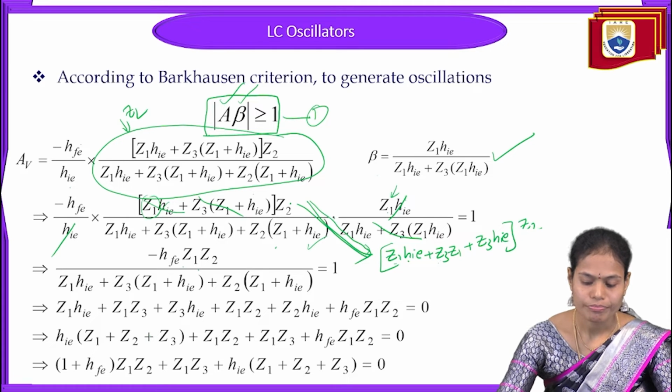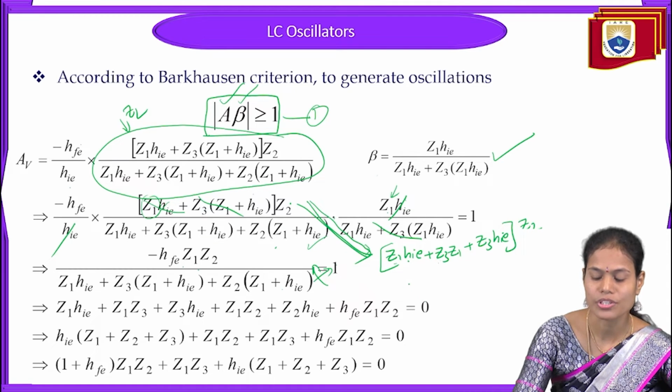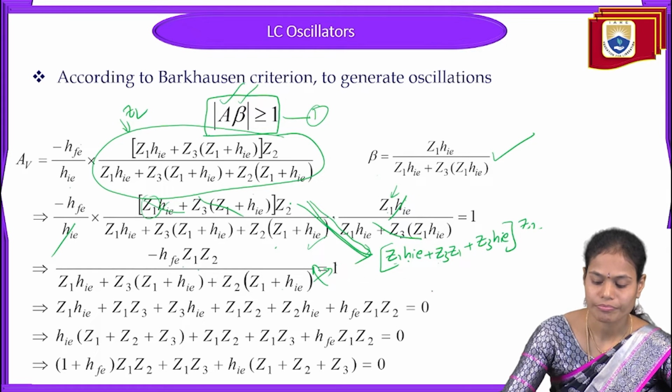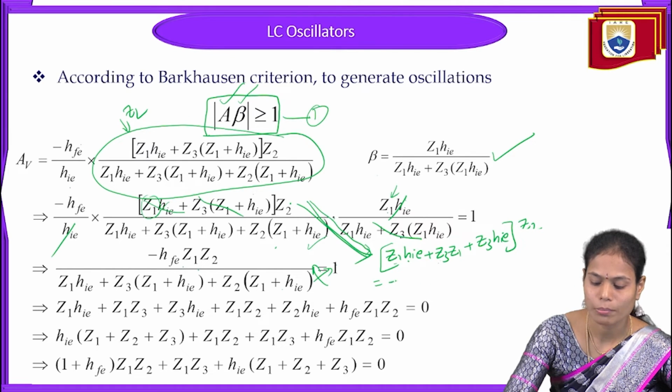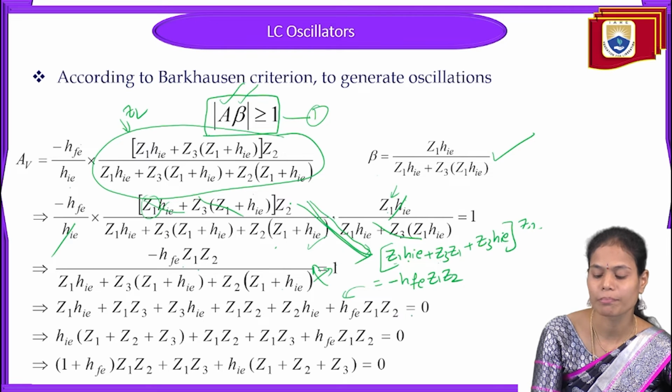If you cross multiply, the total term is multiplied with 1 and this is equal to 0. After cross multiplication we get minus HFE Z1 Z2. Taking it to the left side, we get plus HFE Z1 into Z2 equal to 0.